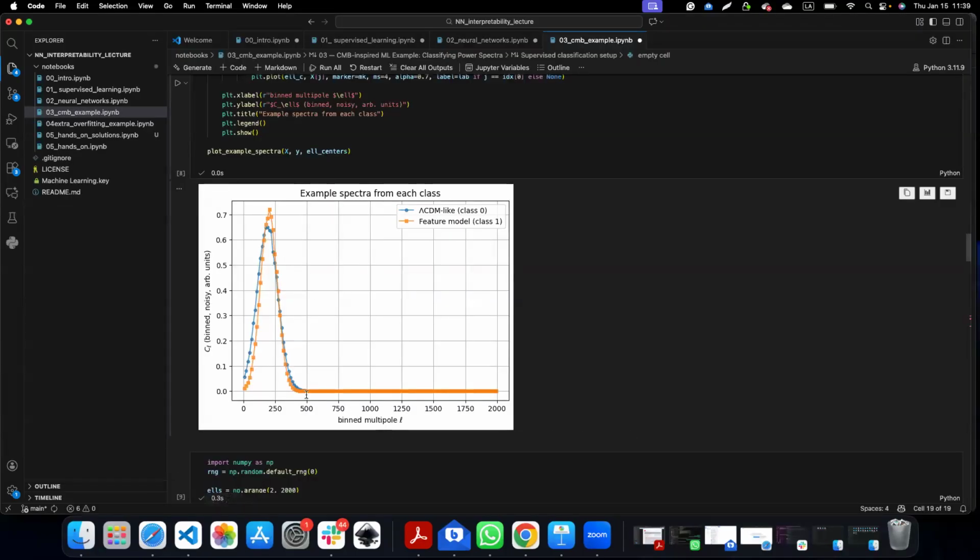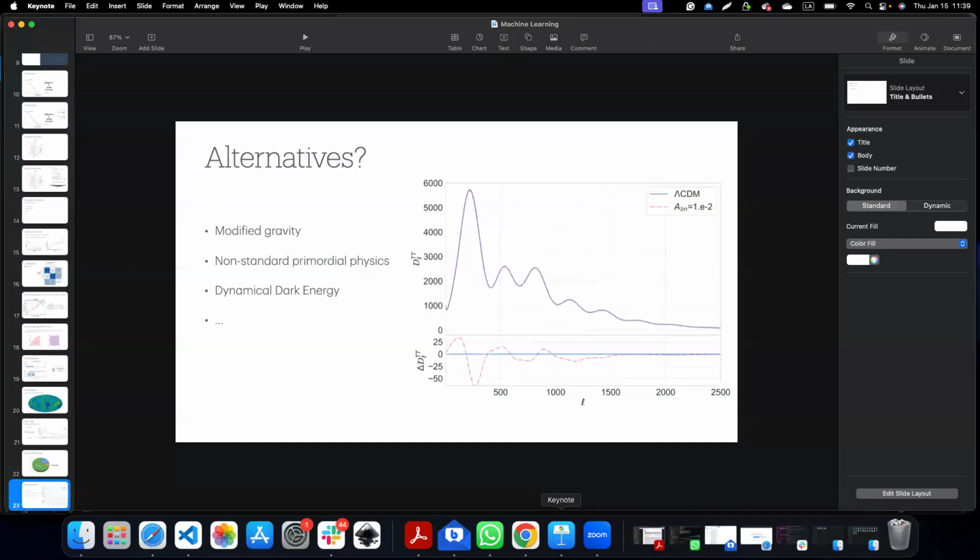I think this is just a waste of computational power, if you ask me. It's from 500 to 2000, right? Maybe it's also a bit of a computational waste.